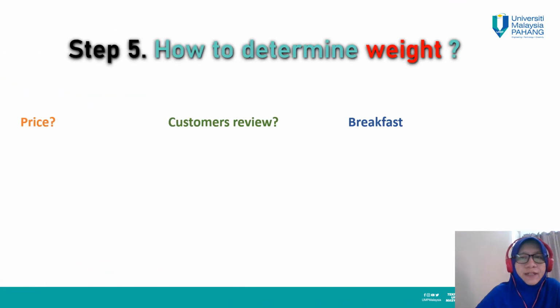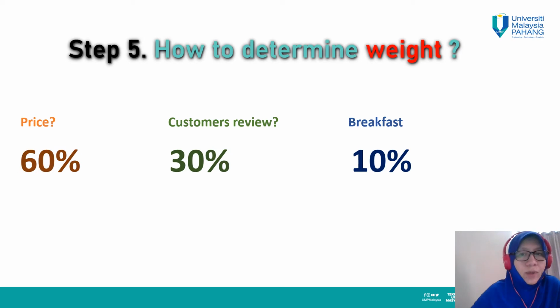Step 5 is to determine the weightage. Weightage will be determined once the trade-off has been concluded. Weightage, or sometimes also called preference, is the percentage value that we allocate for each criteria.